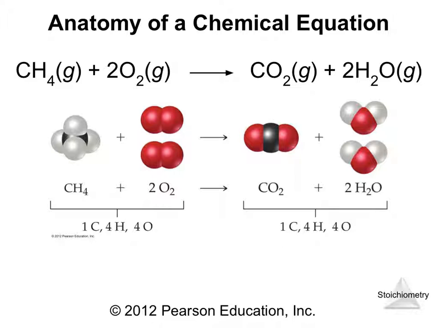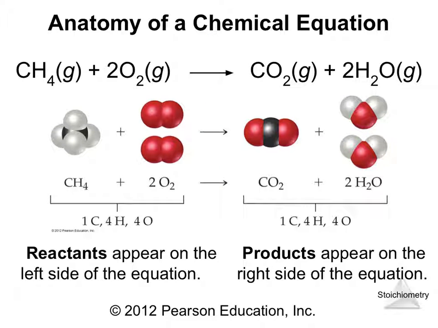So our equation is split in half here, and on the left side, you have the reactants. The reactants are what we put into the equation. They're the things that are doing the reacting. So in this one, we have methane gas and oxygen gas that are coming together.